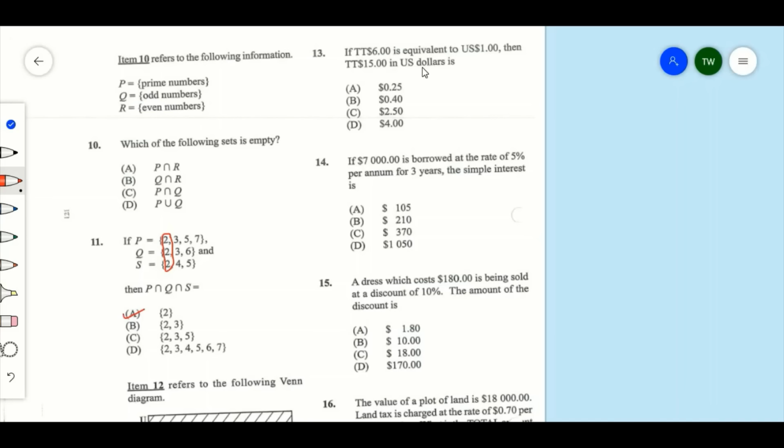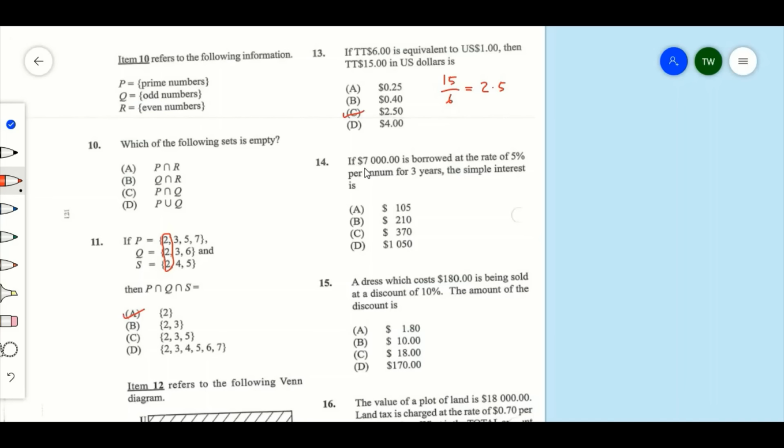So we're going to divide. So it's going to be $15 divided by $6, right? And 15 divided by 6 is going to equal 2.5. So our answer is going to be $2.50. It's going to be C here.